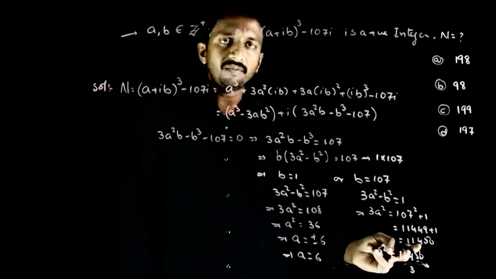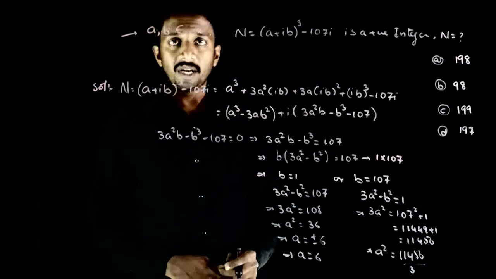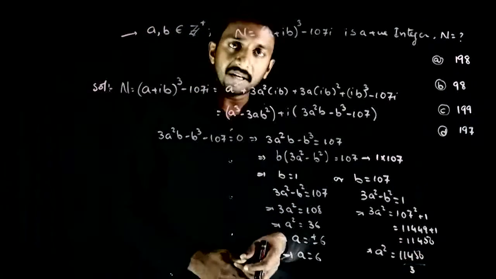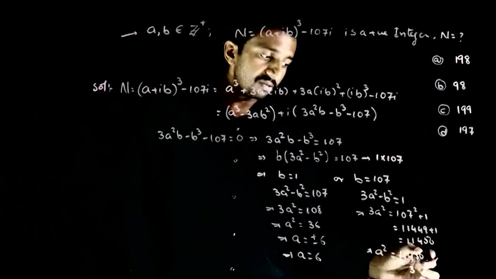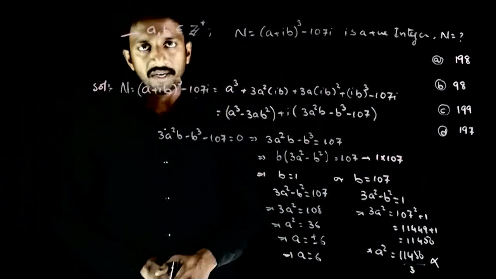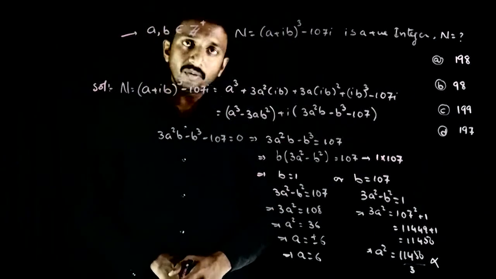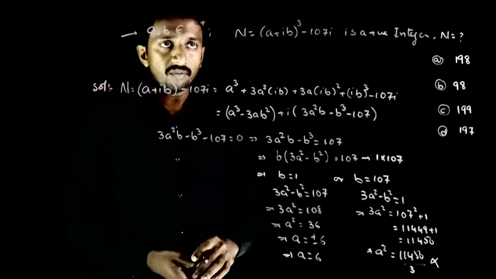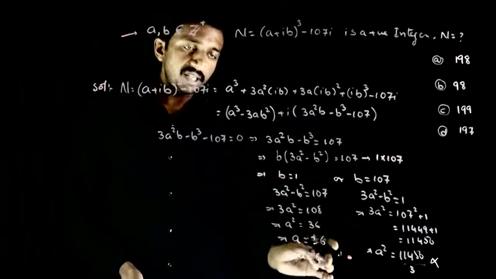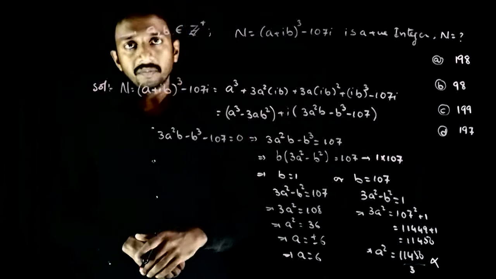You can see 11450 is not a multiple of 3, a fraction will come, hence a is not an integer, so this solution is not valid. So you have only one valid solution, where a is equal to 6 and b is equal to 1.